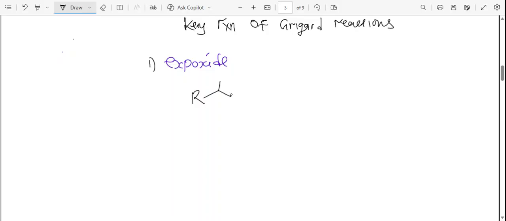Oxygen is also bonded to some group there. So this is one example of the epoxide. So the conditions are that we need the same allyl group, the one we have been having. I'm differentiating this. So this is the reagent that we have been having. We don't know this group, but this group can mean something else.